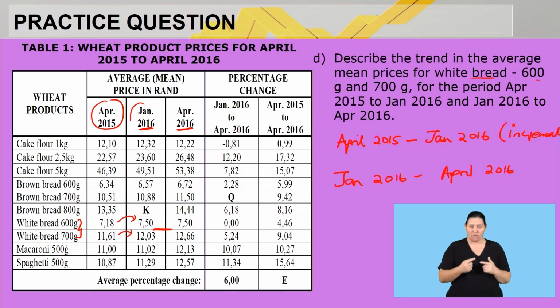Then for the 700 gram, what happened in that time period? We agreed that for the 700 gram white bread, the price increased from 12 Rand 3 cents to 12 Rand 66 cents. So let me repeat. For the white bread 600 gram, the price remained constant, meaning the same. And for our white bread 700 gram, the price increased from 12 Rand 3 cents to 12 Rand 66 cents.